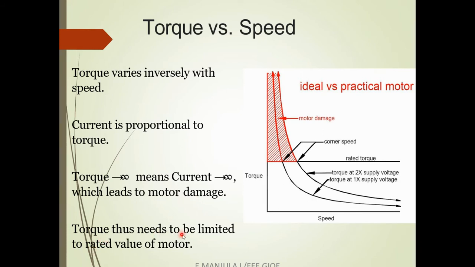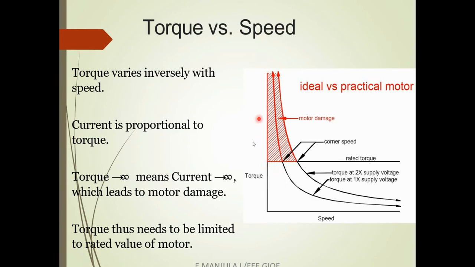The torque thus needs to be limited to the rated value of the motor. Here this is torque and this is speed. Here this is the rated torque. If you cross this, the motor will be damaged.